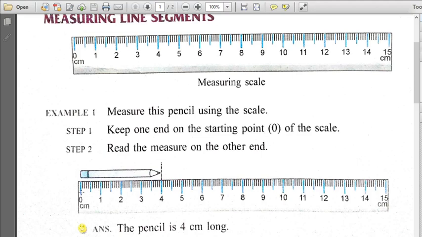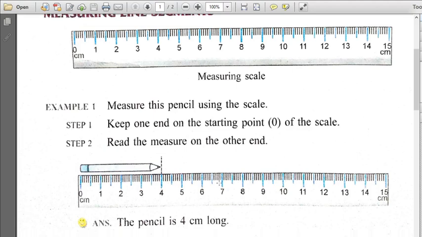When you are drawing a line segment also, first you will put a dot at 0, and then if you have to draw a line segment of 4 centimeters, you will put a dot at 4 centimeter. If 5 centimeter, you will put a dot at 5 centimeter. If 6 centimeters, you will put a dot at 6 centimeter, and so on. So these are the steps for how we can measure anything by putting it on the ruler.